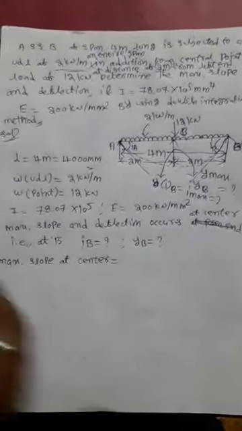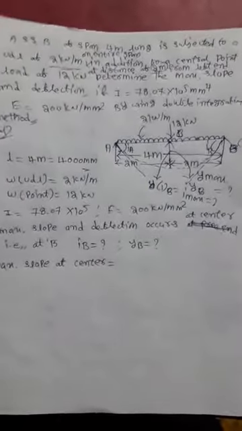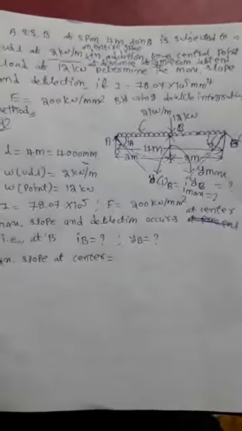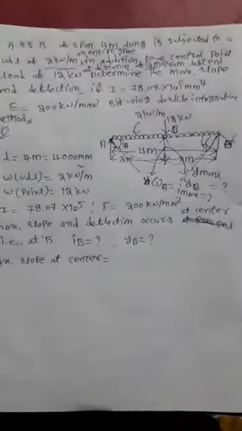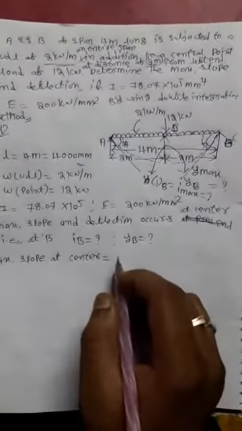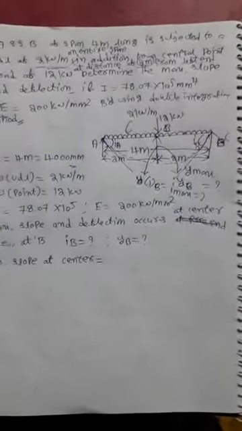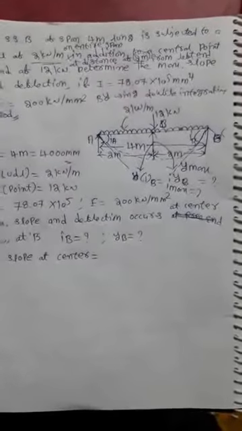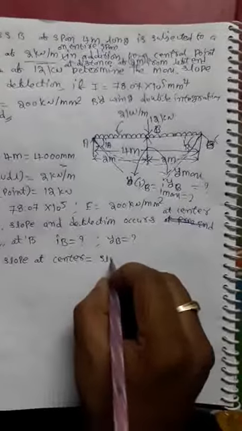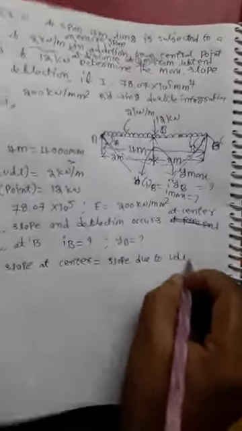For this maximum slope at center, the formula can be divided for this beam, splitting into two parts: slope due to UDL plus slope due to point load.